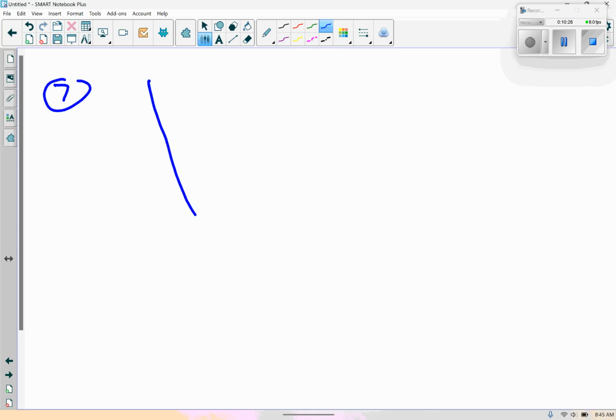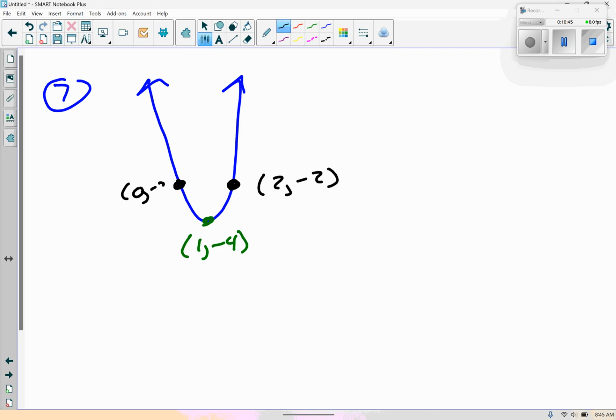Number 7, we have this parabola. So this is a point (1, -4). And then this is going to go, looks like I go right 1, up 2. So that takes me to (2, -2). And this takes me to (0, -2). All right, so our pattern graph is right 1, up 2.